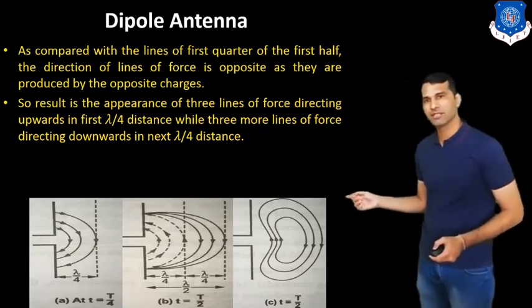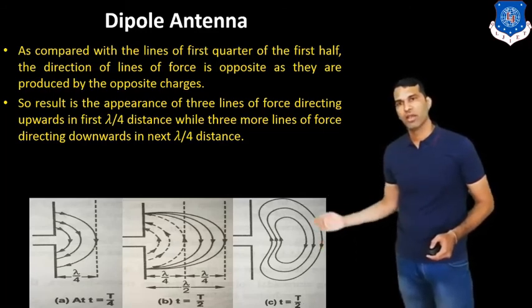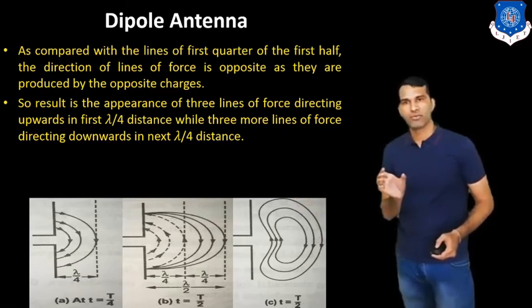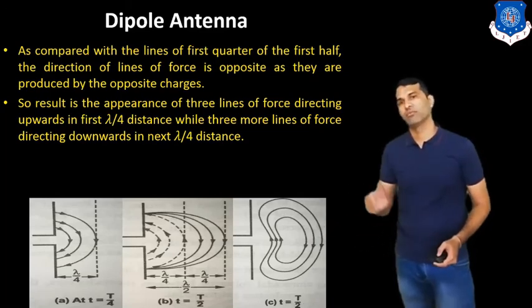So this is the final figure we get. In the figure we can see in the first quarter the lines in the downward side, and in the next quarter the lines go from the upward side.